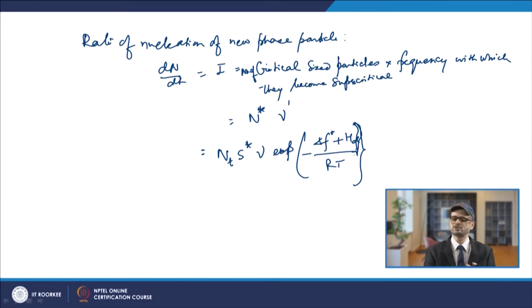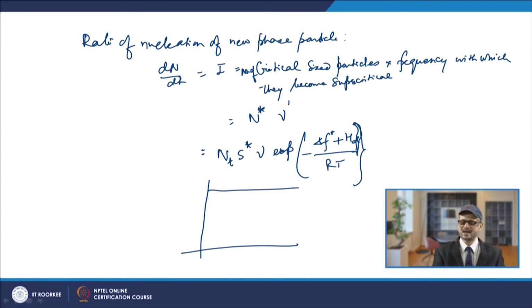So, depending upon these values at different temperatures, what is seen is that when you are at a temperature near the equilibrium temperature, at that point also if you see the rate of nucleation, it is basically 0, and if you go to the absolute 0 value here, in that case also this value will come out to be 0.